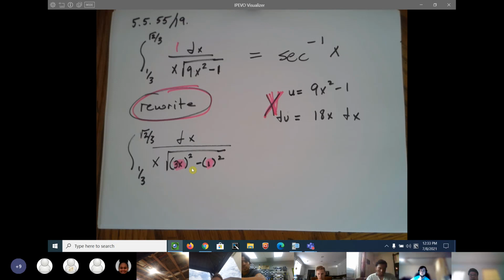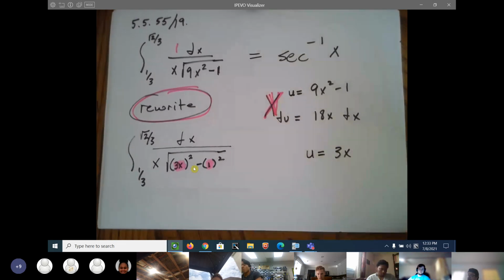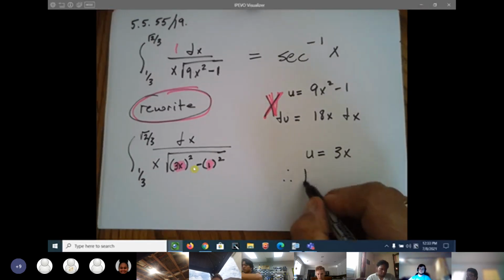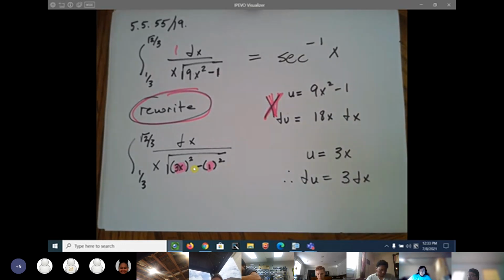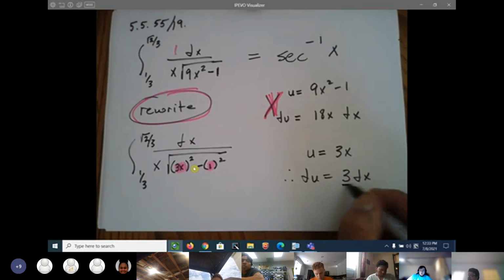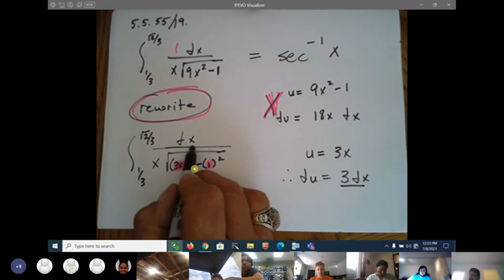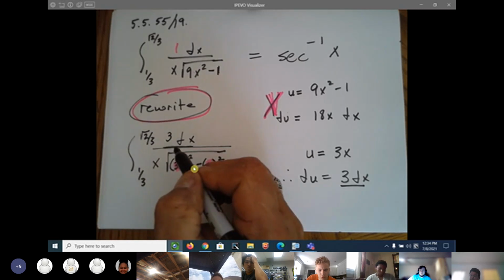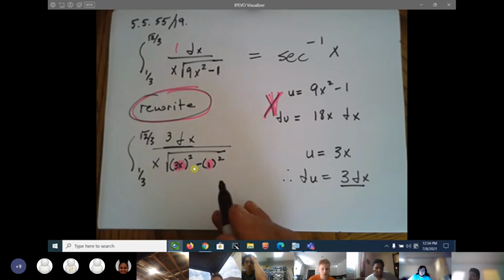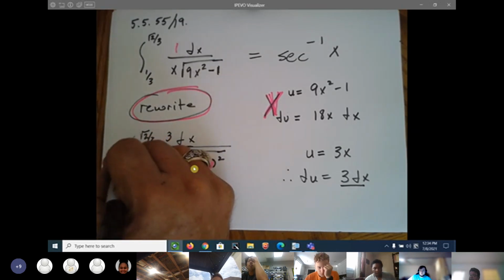So now I'm going to do u substitution with 3x. u is equal to 3x. Therefore, du is equal to 3 what? dx. And I can do that. So I need to have a 3 dx. I've only got a dx. So what I need to do is put a what here? Yes. Put a 3 there and a 1/3 out front.